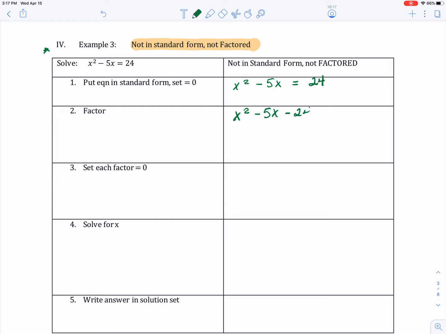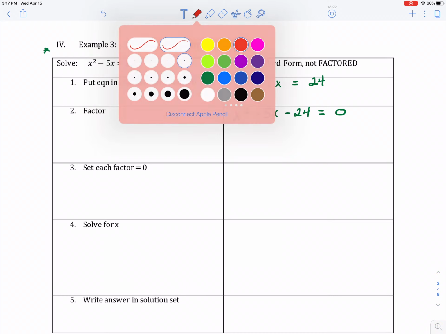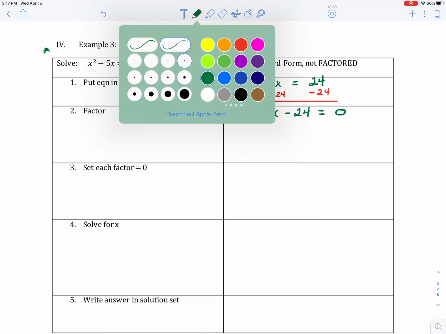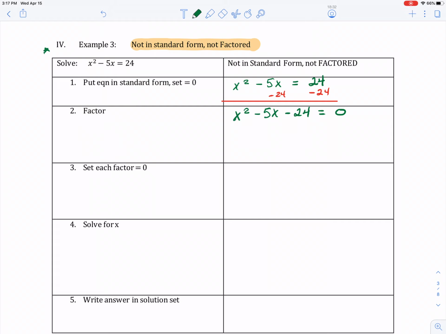I'm going to subtract 24 from both sides. Now that's what I'm doing right there. I'm subtracting that 24 from both sides. It gives me this new equation, equivalent equation, that is now in standard form.